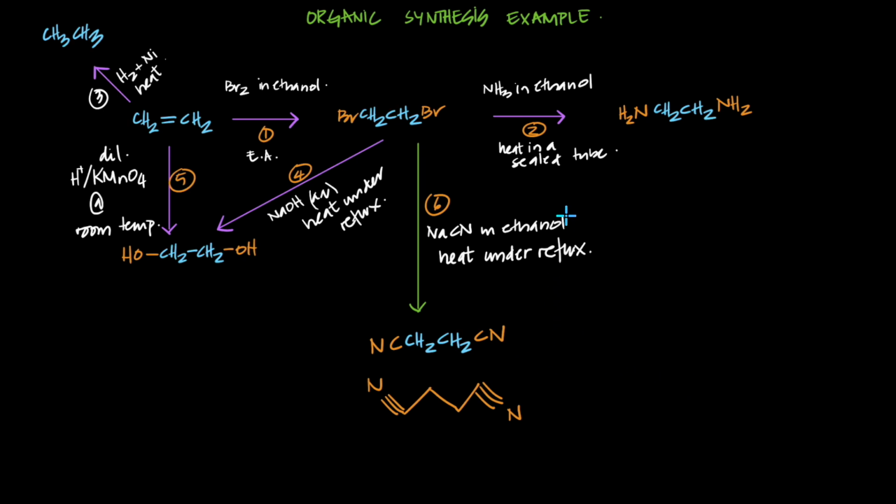Then a reaction I showed you, which is a common reaction given after adding the CNs, is adding dilute H2SO4 and heat. What will that cause? That would cause the CNs to hydrolyze to COOHs. So you end up putting COOH here and COOH here.